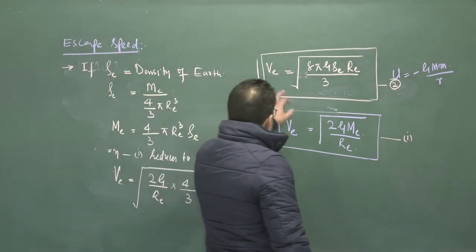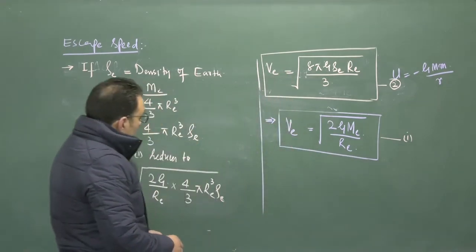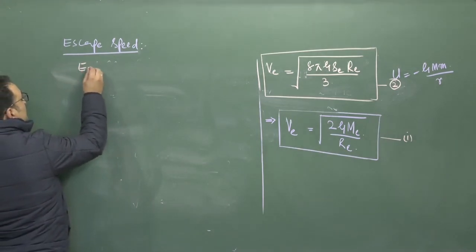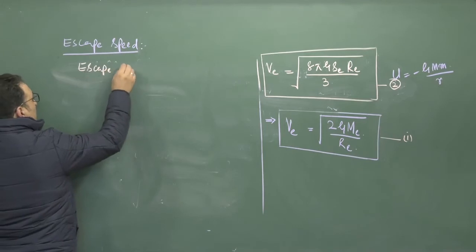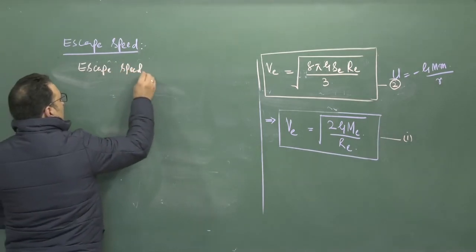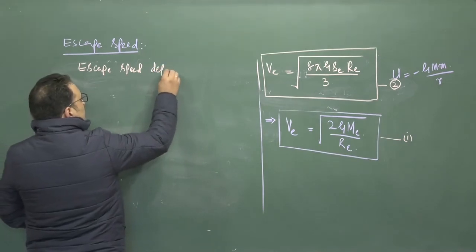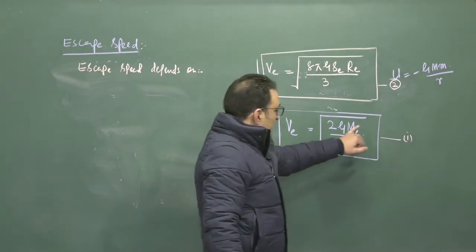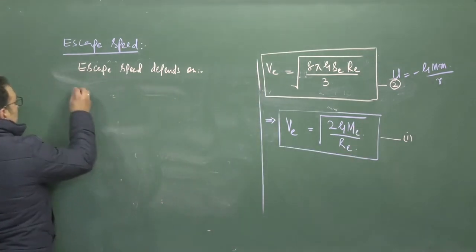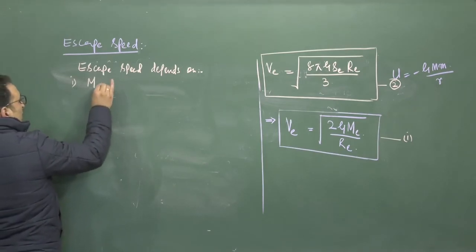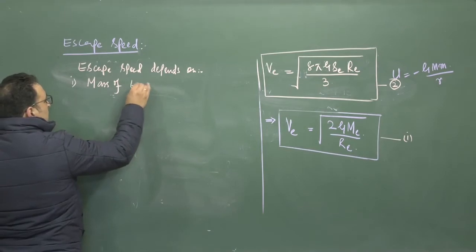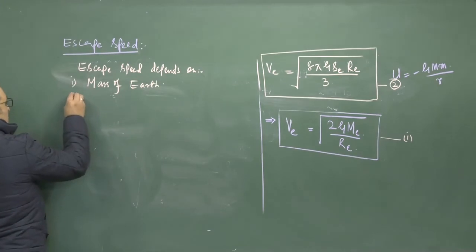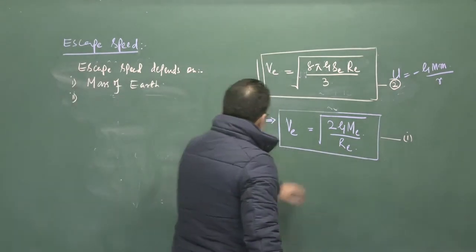Now, if we analyze these two equations, we find that escape speed depends on, number 1, the mass of the Earth, and second, the radius of Earth.